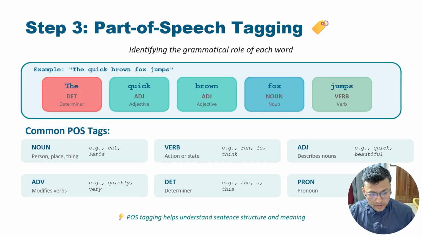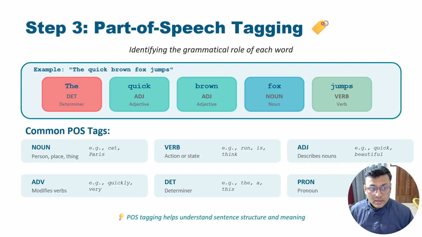Now, if you look at step 3, part of speech tagging, that is POS. It is purely grammar. The part of speech is how English grammar works. In the same form, it is used for identifying the grammatical role of each word in NLP processing. This is what it does practically in the backend. Take an example: the quick brown fox jumps.